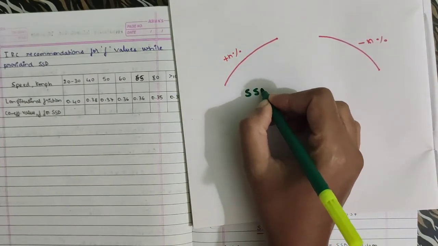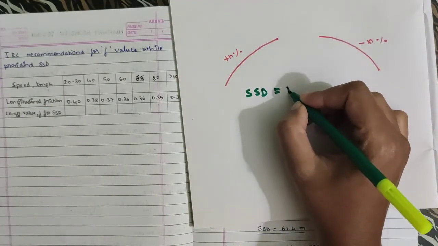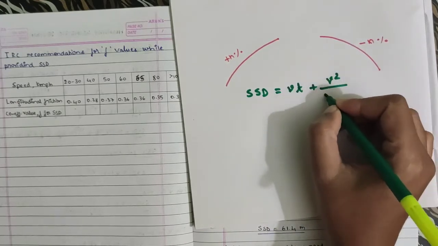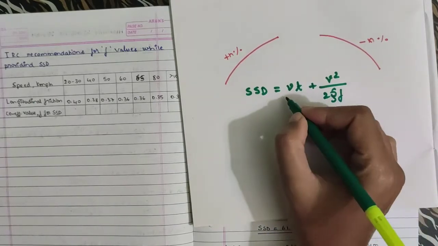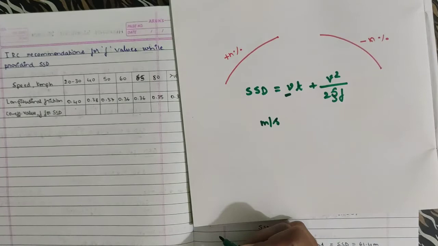Stopping sight distance, if V is in meter per second, is Vt plus V square divided by 2gf. This is very easy.